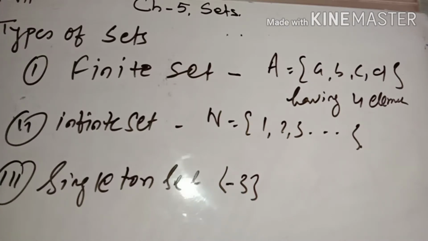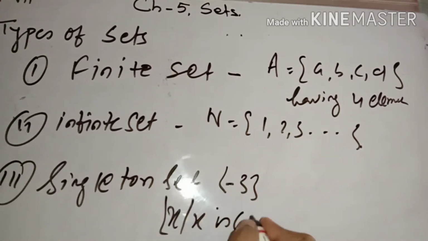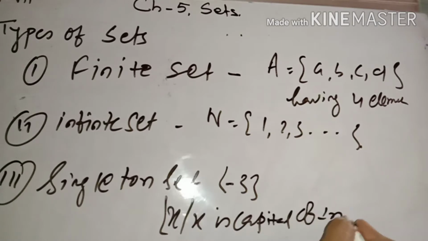Or you can write X such that X is the capital of India, close the curly bracket. This is a singleton set. Now empty set, number 4.